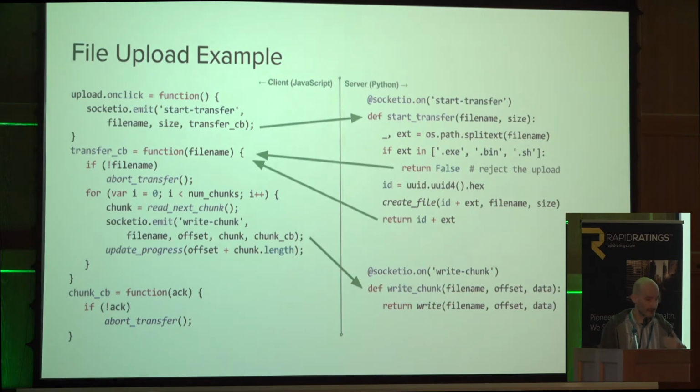And at the same time, it can update the progress bar. That now it's just UI work. You don't have to be complicated with all the awkwardness of the HTTP uploads, which are super primitive.